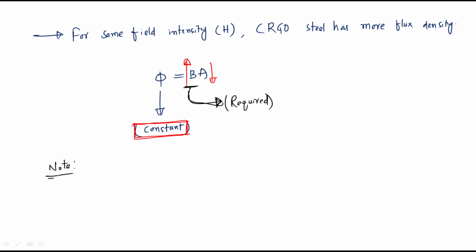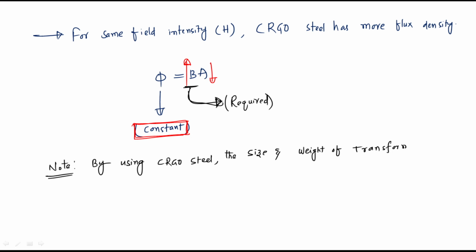Note, by using CRGO steel, the size and weight of the transformer is decreased compared to all other materials.